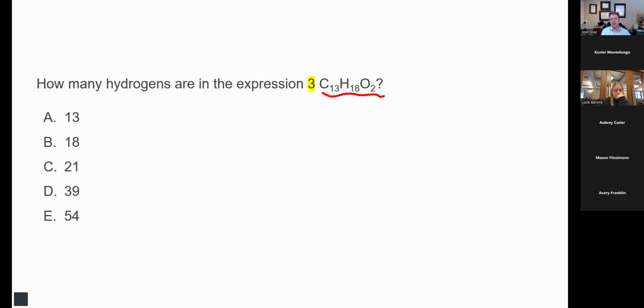If this is a molecule of ibuprofen, there are 3 ibuprofen molecules. But this question is asking how many total of a given atom there are, and the atom we're interested in is hydrogen. So how many hydrogens are there? In that case, you take the 3 and multiply it by the subscript, and say 3 times 18 is 54.